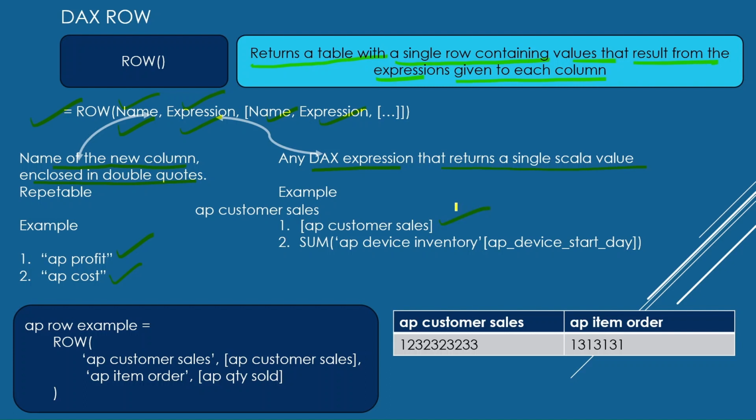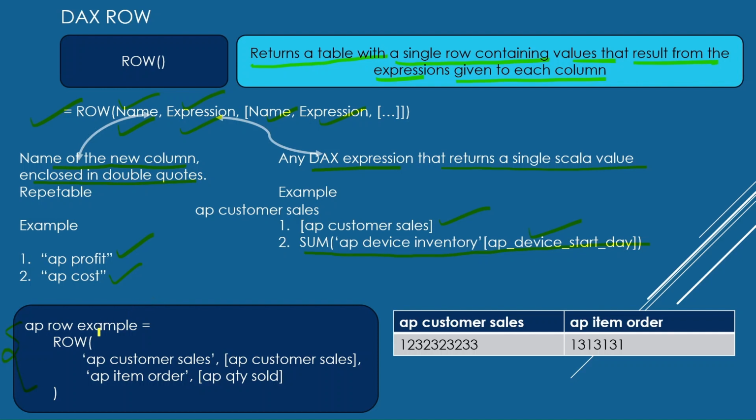This is a DAX measure which is going to return a single scalar value. This expression is also going to return a single scalar value. Here we are using the SUM function, and this is the column it will sum, and it will return a single value.